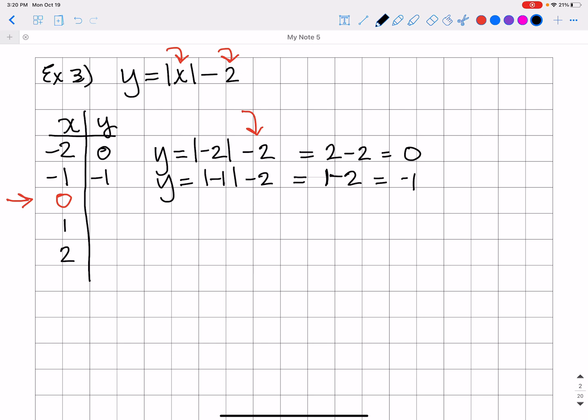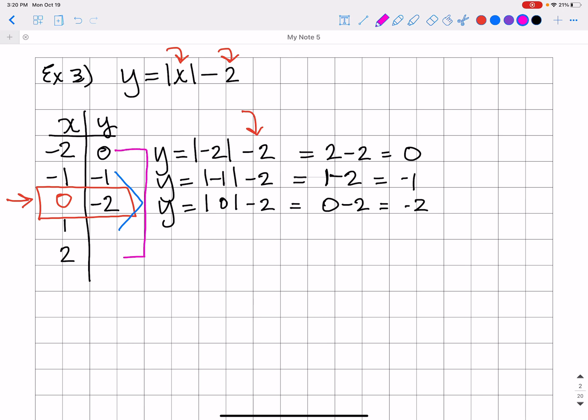And now I'm going to do absolute value of 0 minus 2. Well, the absolute value of 0 is just 0, and then I subtract that 2, so I get -2. Now, thinking through here, what should I get for my next y value? Remember, this is my vertex, and these two should mirror each other, and these two should mirror each other.